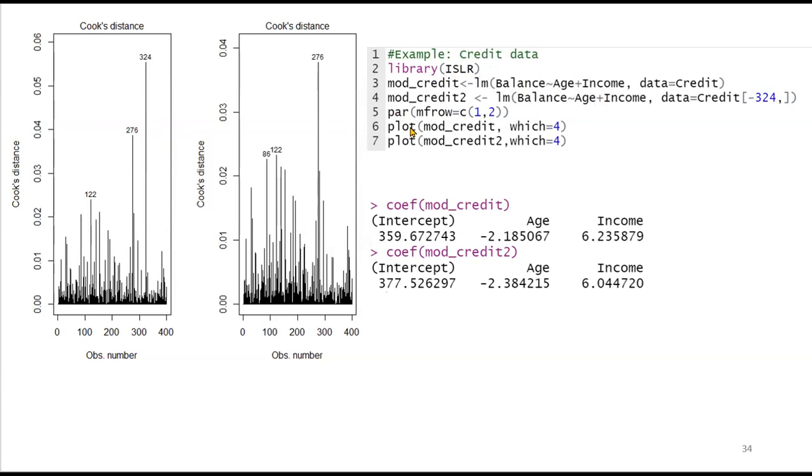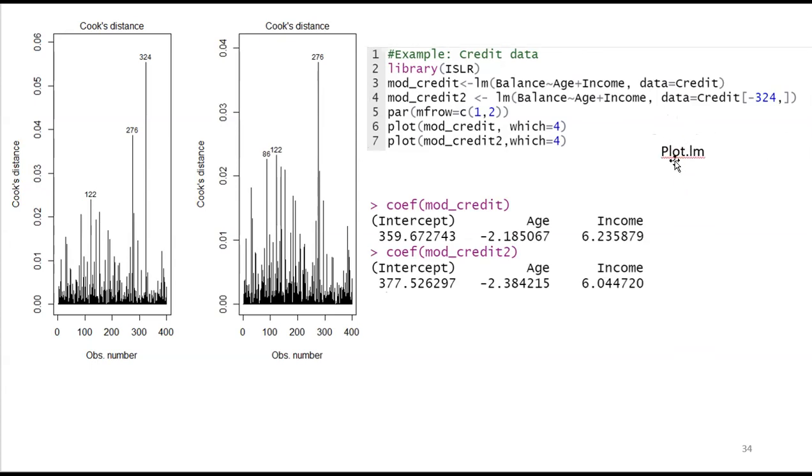So the plot function. The plot function for the LM function actually contains 6 plots. If you want to look up the documentation, because there are different types of plot functions in R, what you want to look up is plot.lm.